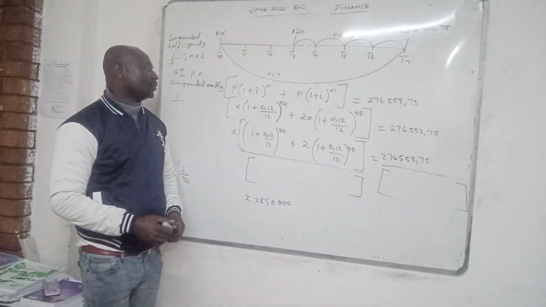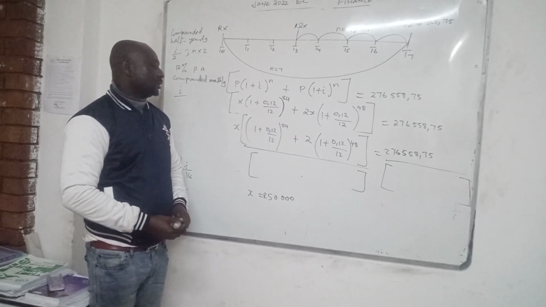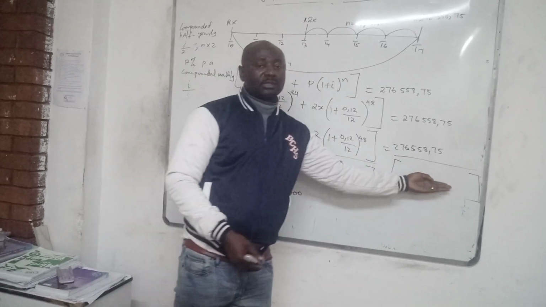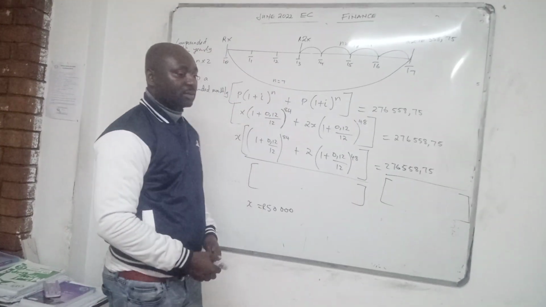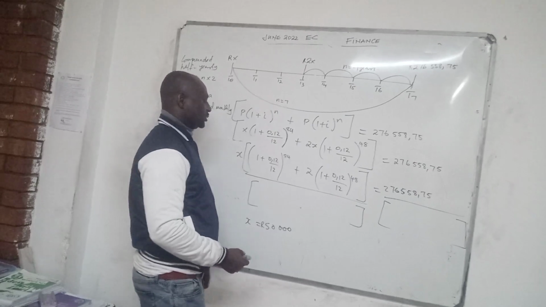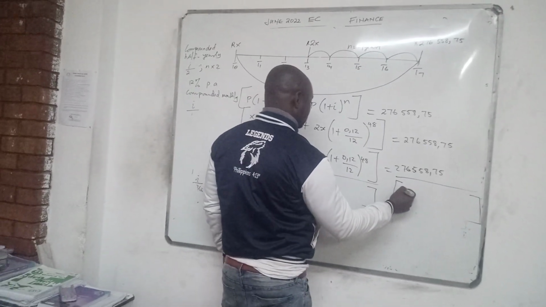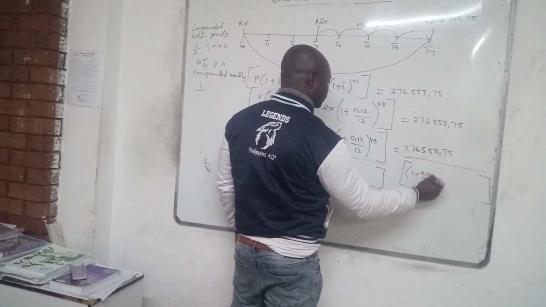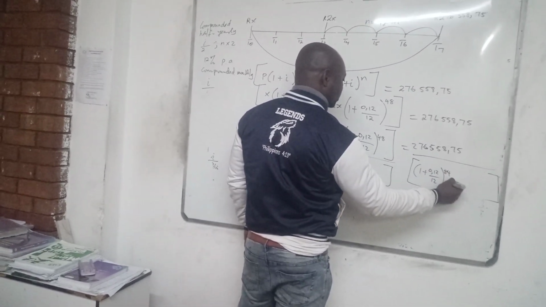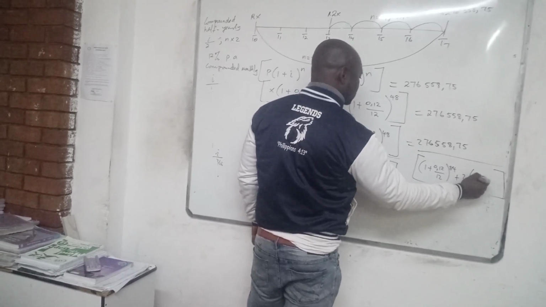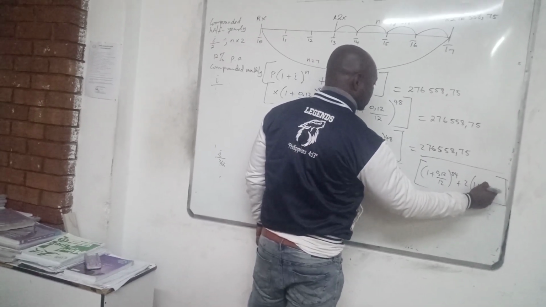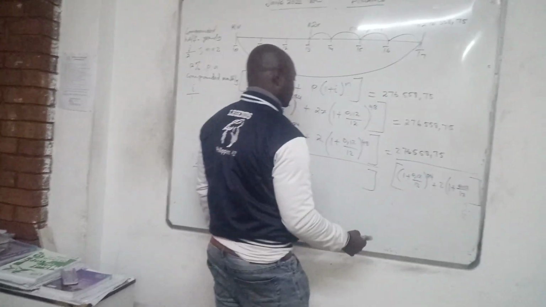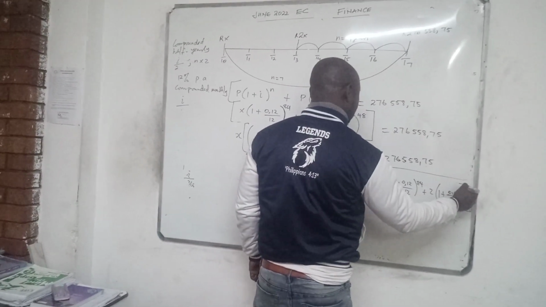So that's the approach you will use to solve the question. Just add whatever is in this bracket, divide by itself, and go and divide it here also. So here is simply into bracket 1 plus 0.12 over 12 to the power 84 plus 2 into bracket 1 plus 0.12 over 12 to the power 48.